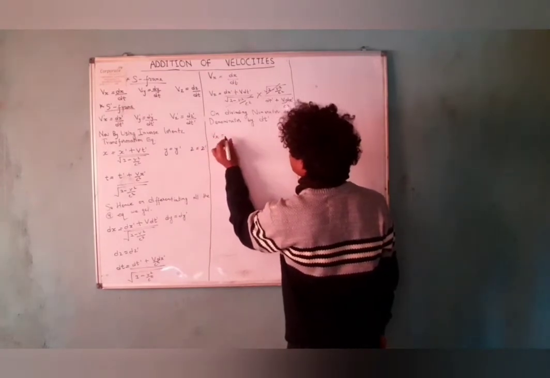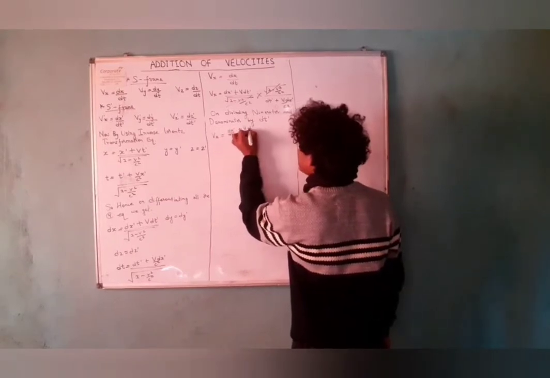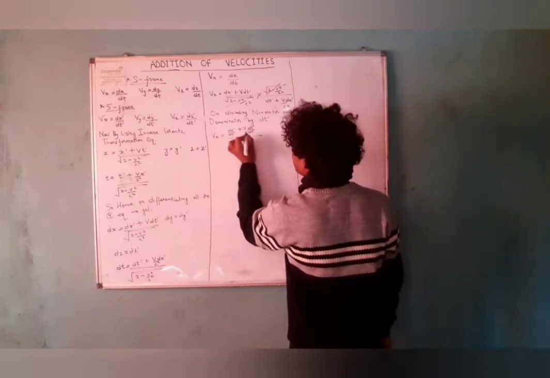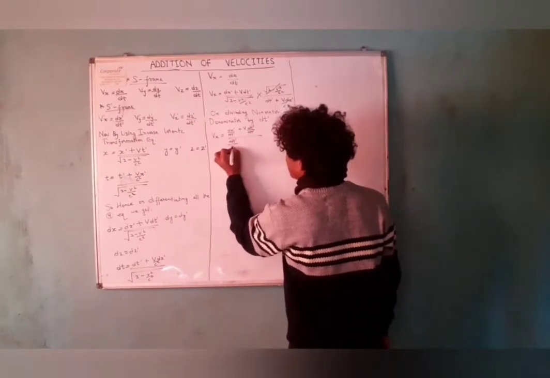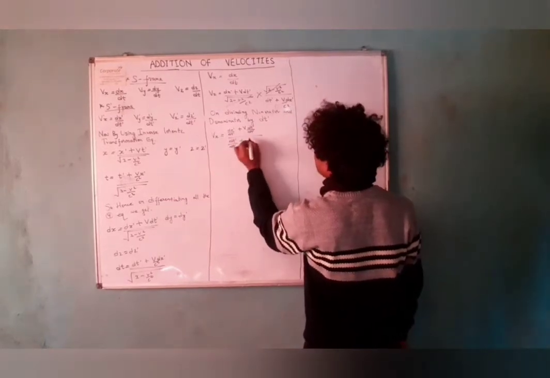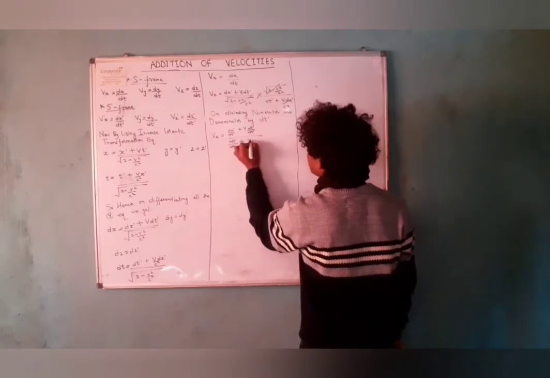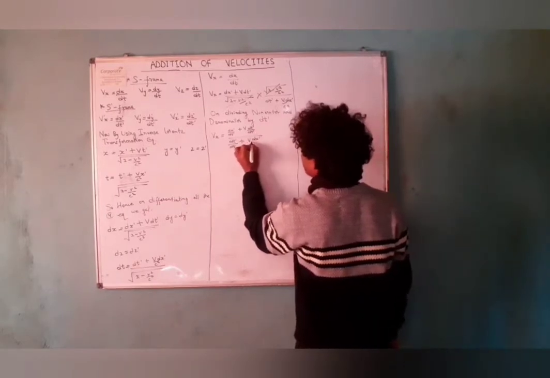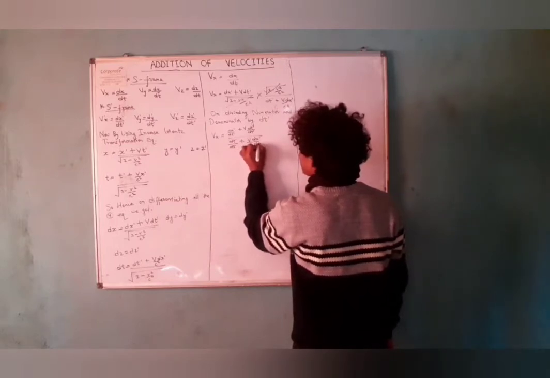Vx equals to dx prime by dt prime plus v dt prime by dt prime, divided by dt prime by dt prime plus v dx prime by c square dt prime.